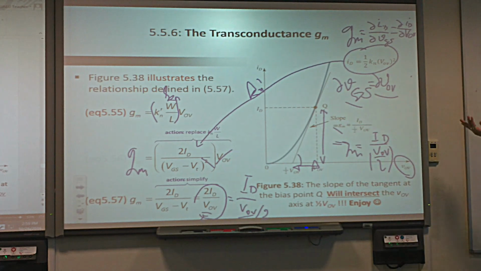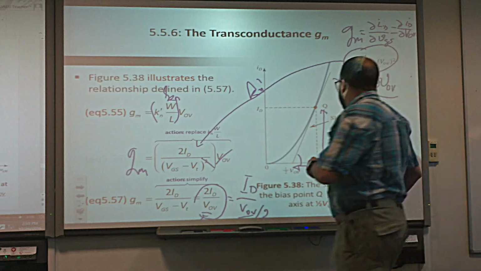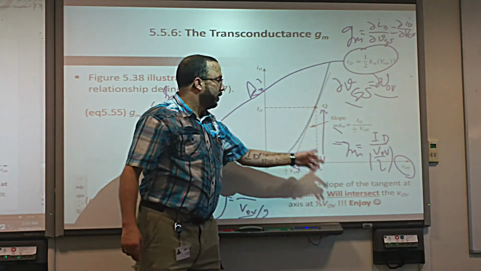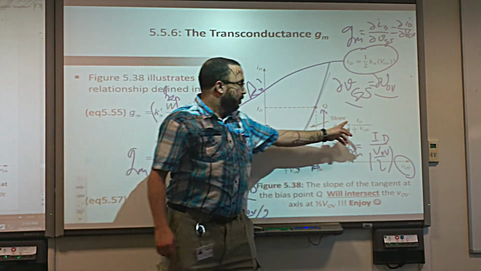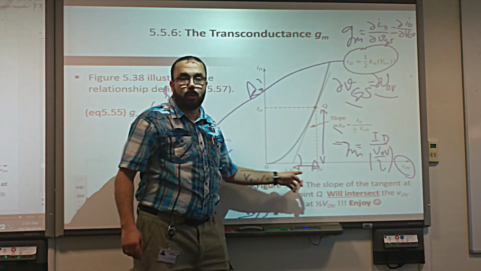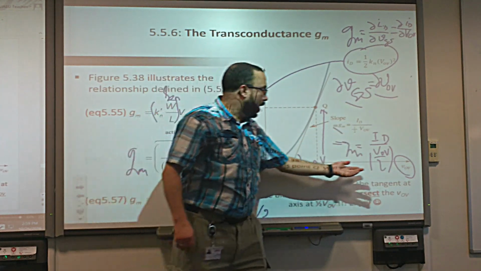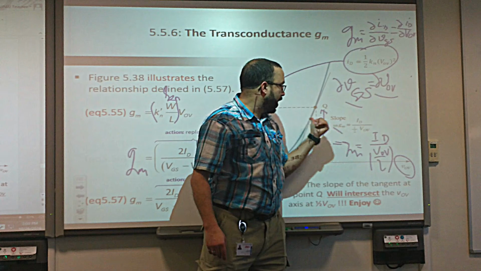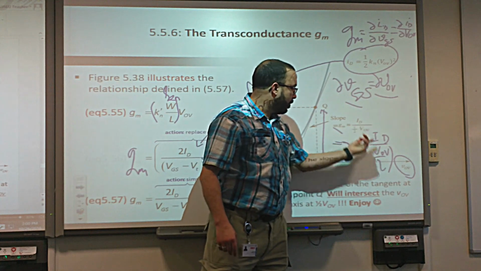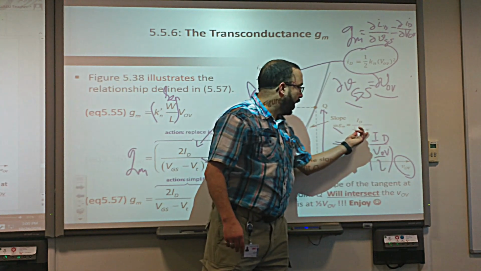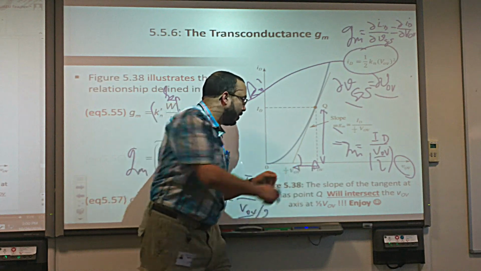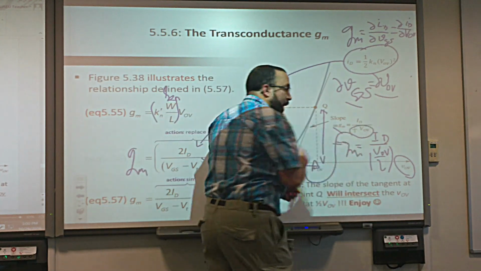True? That's the slope. Huh? Geometry. Yes or no? Excellent. This distance is equal to what? ID. So this distance must be equal to what? Half of the overdrive, because that's the GM slope there. So this must be the half overdrive, this distance. You understand? Did you get it or not?